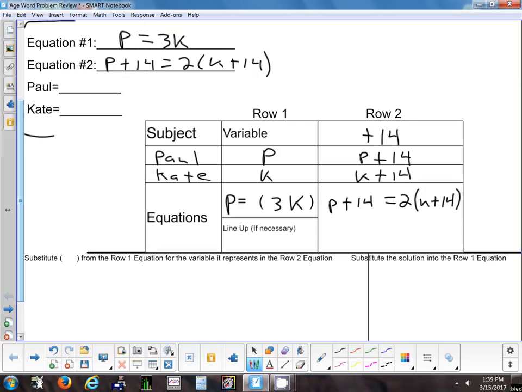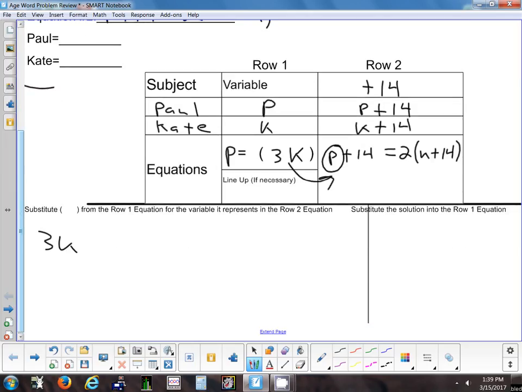K or P? P. We're going to replace P with what equation 1 says to change it to. So what are we going to change the P to in equation 2? 3 times K. So we got 3K plus, Dominic, can you tell me what comes next?